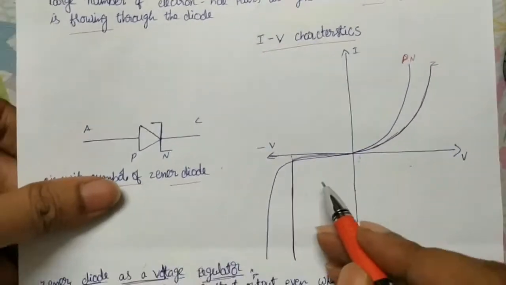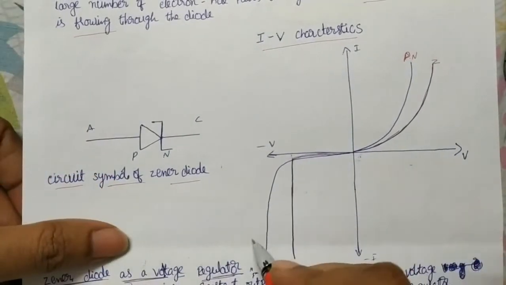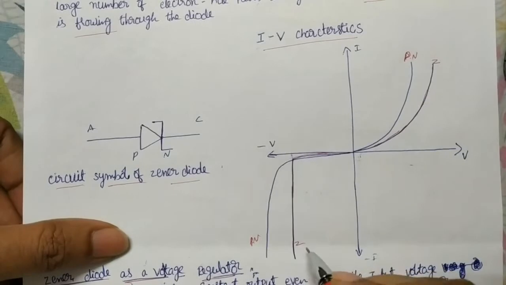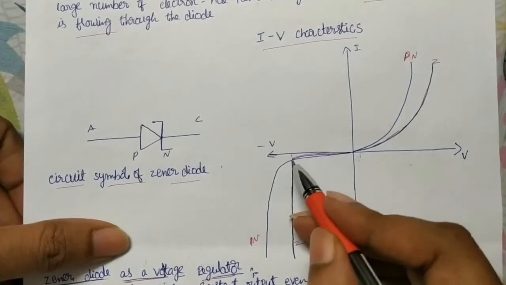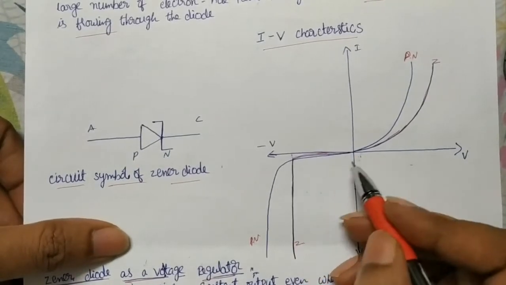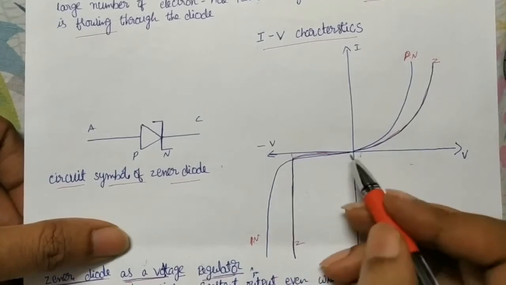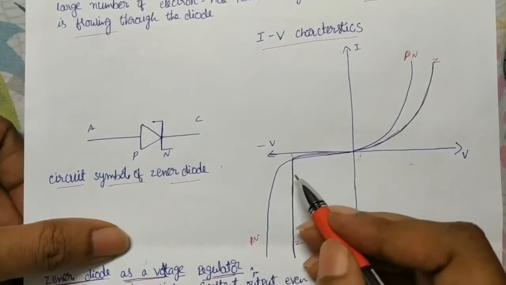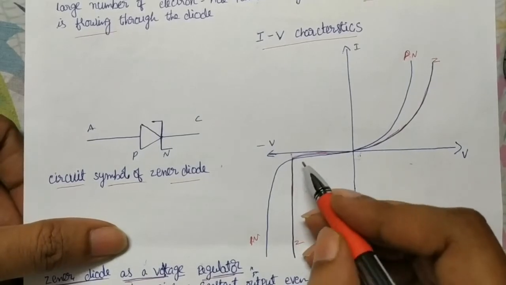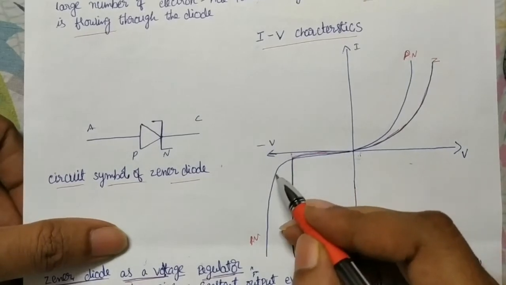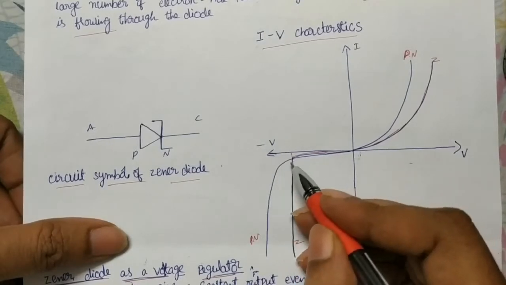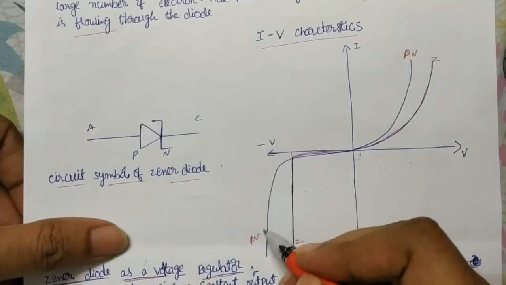But in the case of reverse bias, this is the PN junction diode and this is the GNR diode. The GNR diode has a sharp breakdown potential. What is sharp breakdown potential? At what potential the current flows suddenly and increases sharply, that is what we call breakdown potential. For a normal diode, we can't say where the sharp current starts, because it increases slowly here, then becomes sharp here.